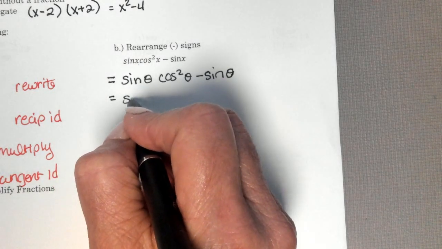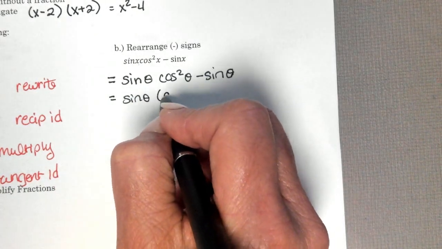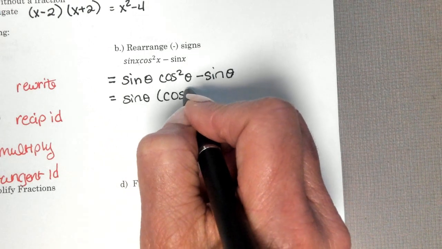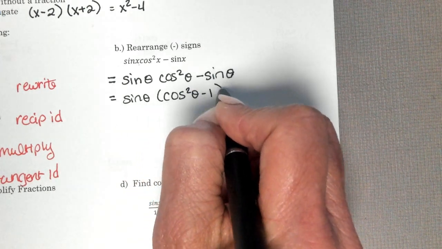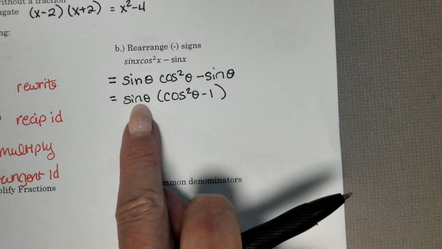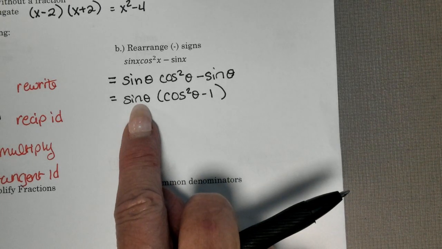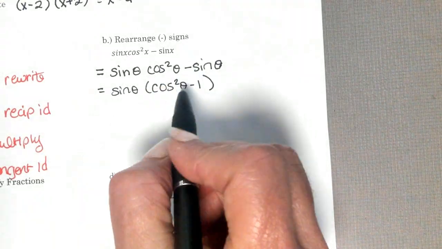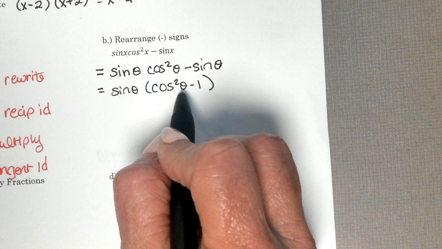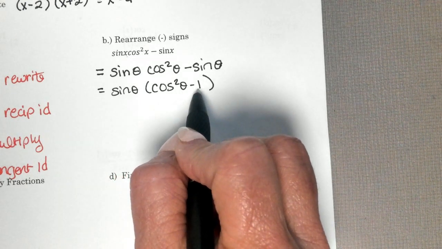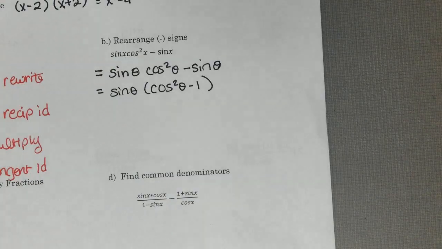Now to factor, I've got sine times cosine squared minus 1. So I just factored out the sine theta. Now, cosine squared and this minus 1 look very similar to a Pythagorean identity.